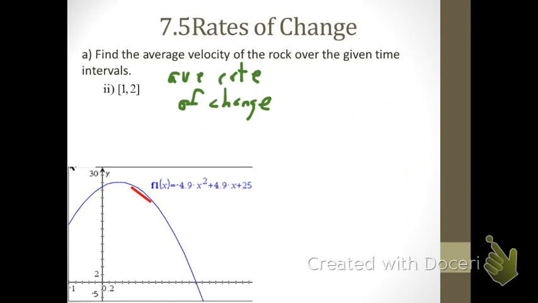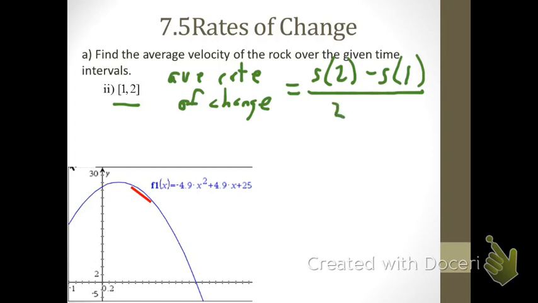Now let's look at the average rate of change in the velocity of the rock from 1 second to 2 seconds. If we're going to find the change in y, that means we're going to find out what s of 2 minus s of 1 is for that time interval. And then the change in x, or the change in time in this case, we're going from 1 second to 2 seconds, so we'll do 2 minus 1, the final minus the initial.